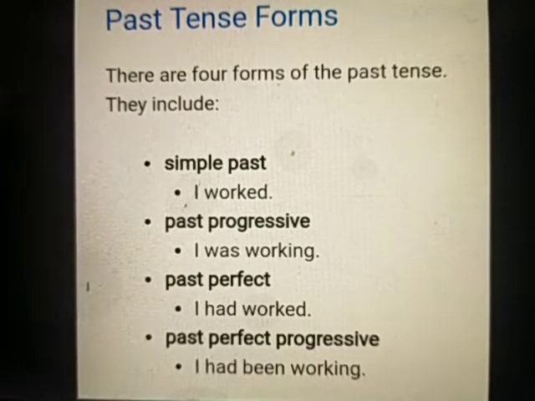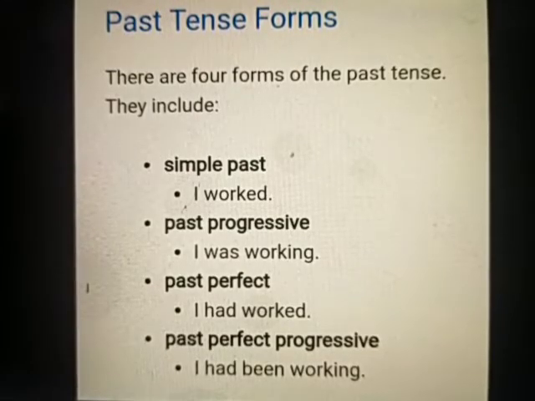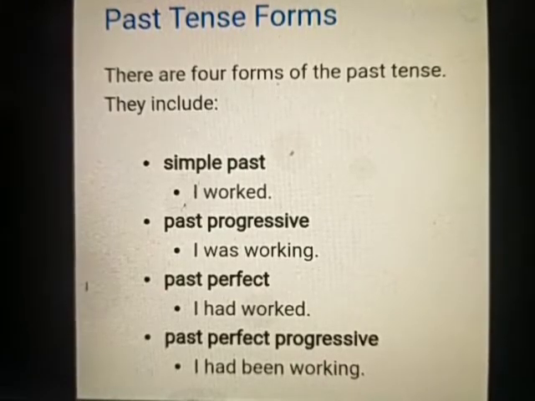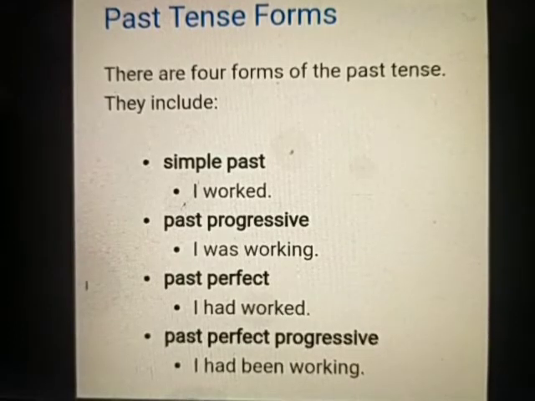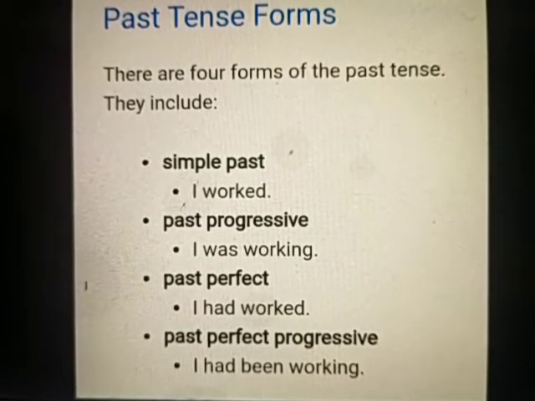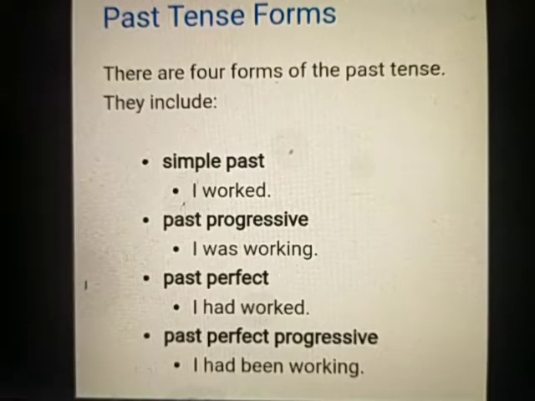Past progressive, or we can say past continuous tense, I was working. Third is past perfect, I had worked. And fourth is past perfect progressive or past perfect continuous tense. For example, I had been working.